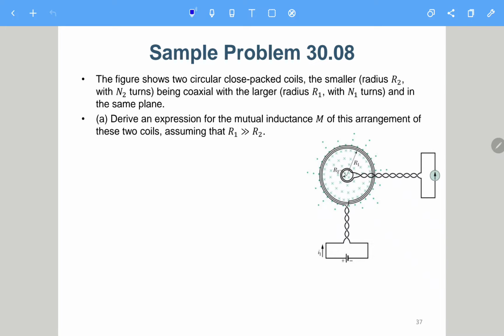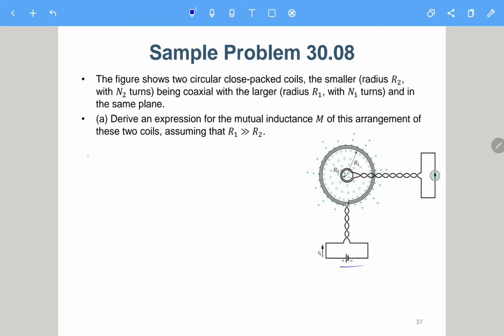For the first coil, we connect the battery, so that there will be current going through coil 1, and it will generate a B field. Then the magnetic flux through coil 2 will be changing, and it will generate induced current and induced EMF for coil 2.